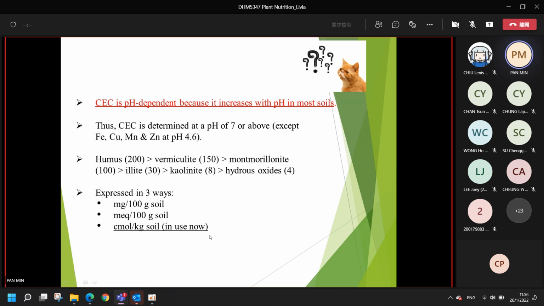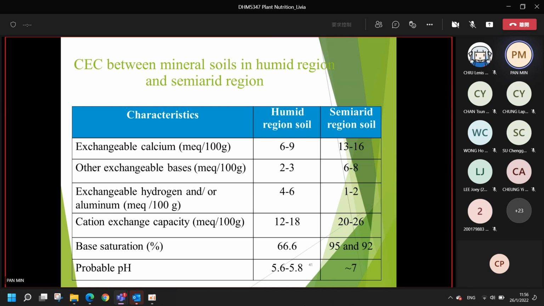Yeah, these three expressions for the CEC you need to remember. And the CEC between the mineral soil in the humid regions and the semi-arid regions shows that the weather, the humidity level, will also affect the CEC, the characteristics, and other base saturation or the pH.